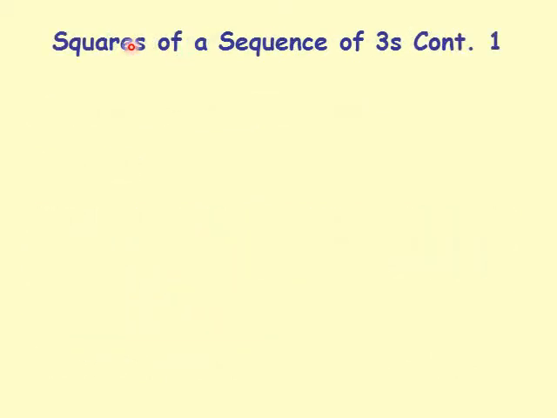Let's continue with the square of a sequence of 3s. So 333 squared is equal to 111 times 999, which equals 110889. 110 comes from 1 less than 111, and 889 comes from all from 9 and last from 10 of 111. So it's all from 9 and last from 10 of 111 is 889, and 1 less than 111 is 110.